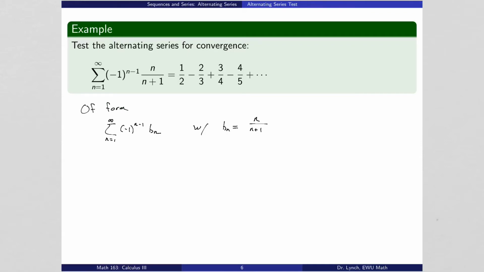Now, as it turns out, this series fails the alternating series test, and it fails for both reasons actually, but we'll just focus on one, namely that the limit as n goes to infinity of b sub n is not 0. So in this case, we would say that by the alternating series test, the series diverges. It turns out that the terms are not decreasing either, and you can show that pretty quickly, either using a derivative or looking at a comparison of the n plus first term to the nth term.